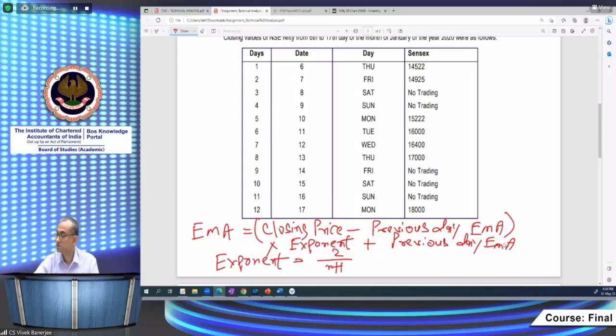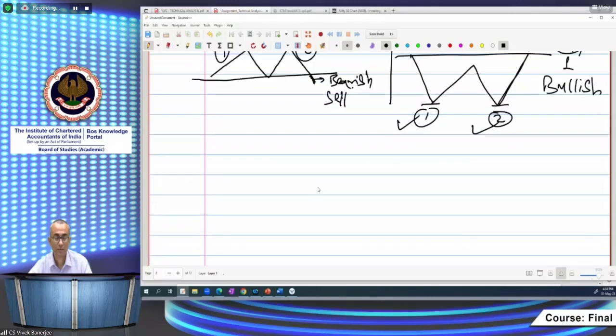So let us calculate it. The first column will be the date, then the Sensex, then the EMA of previous day.